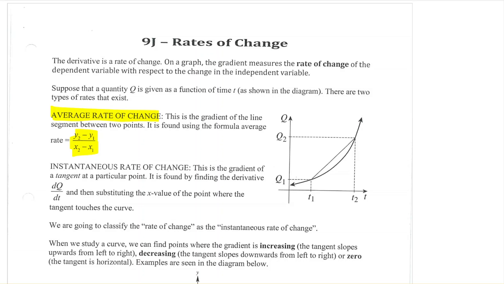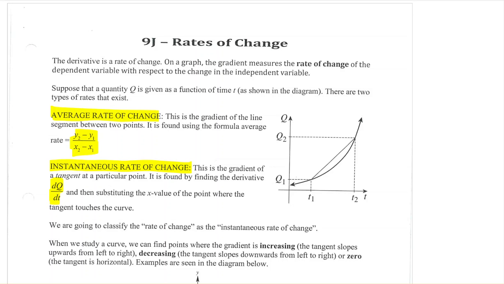The other type of rate of change is the instantaneous rate of change. This is the gradient of a tangent at a particular point. And we've been doing lots of this, hopefully. You should have been doing lots of this, okay? To find the tangent, we always find the derivative, dq over dt, and then we substitute the x value of the point where it touches the curve.